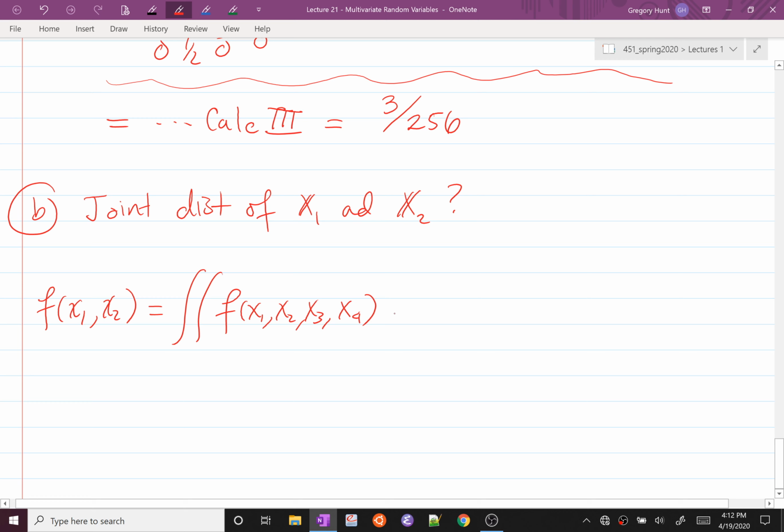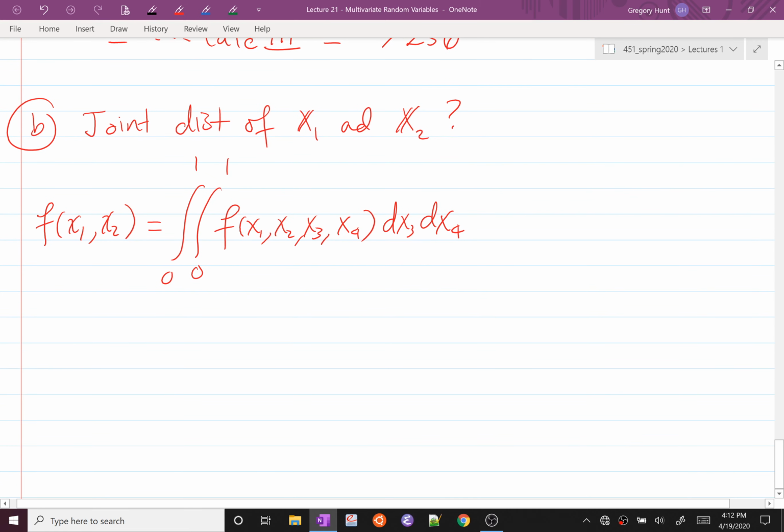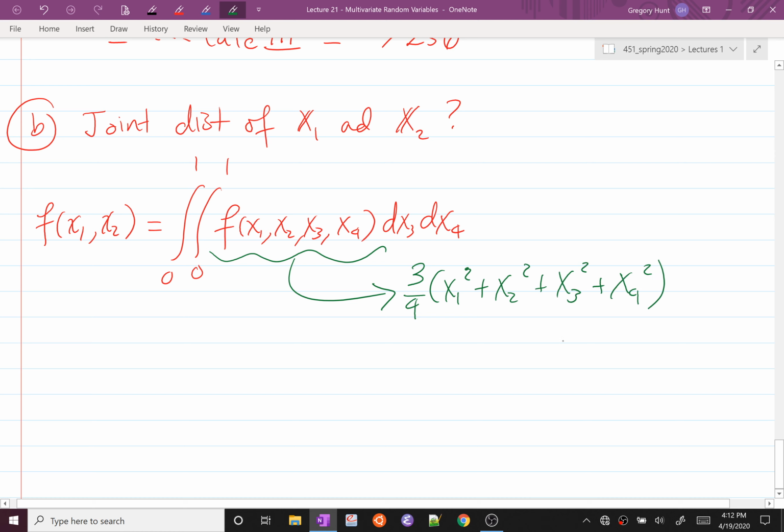It's the joint of all 4 of them, and I'm going to integrate out x3 and take the second integral with respect to x4. My limits of integration are 0 to 1, right? We know from our definition that each of the random variables sits between 0 and 1. And recall that this joint thing is 3/4 times x1 squared plus x2 squared plus x3 squared plus x4 squared.